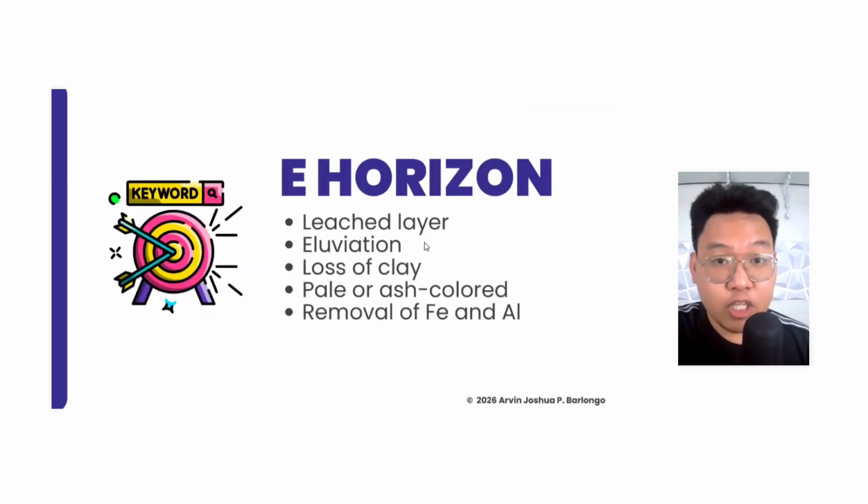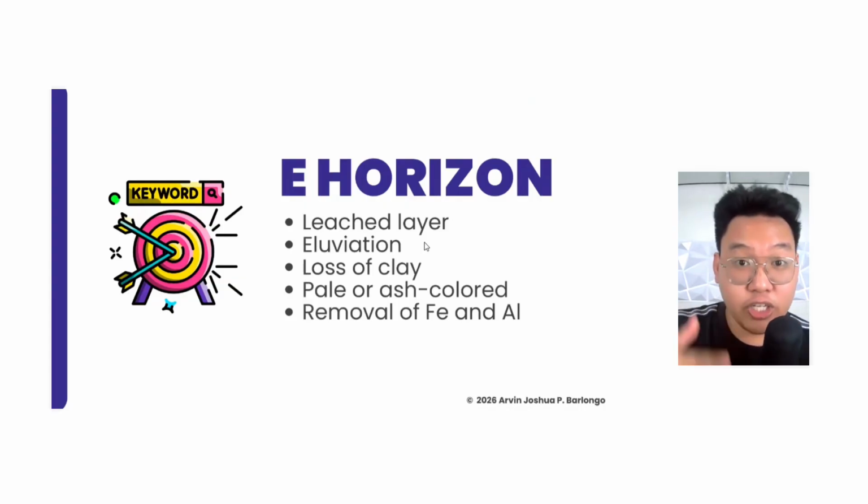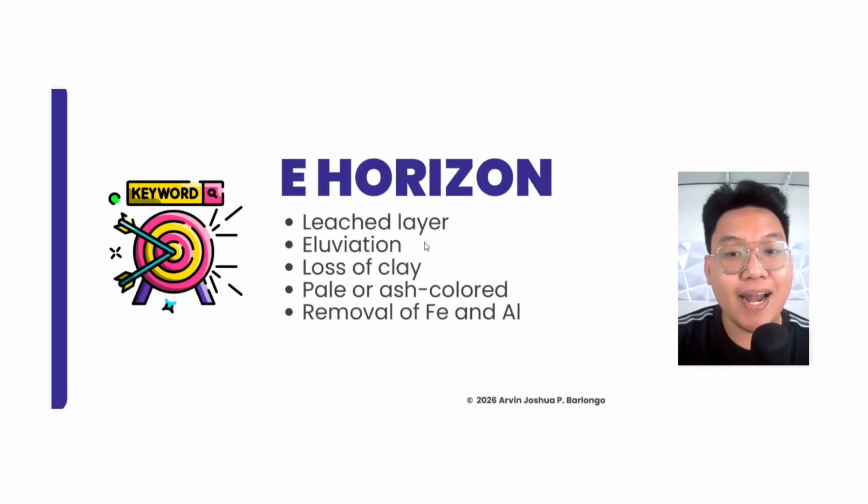So ito yung mga keywords that may point to the E horizon. We have leached layer, elimination or washing out, loss of clay, pale or ash-colored, removal of Fe or iron, and aluminum.